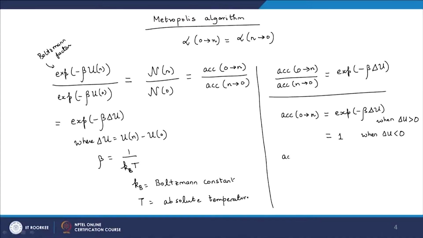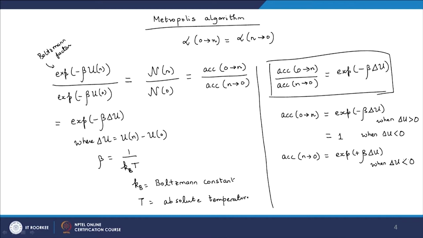Now, to satisfy the detailed balance, the reverse probability should be such that, for the reverse case, delta u must be the negative of what we have here.